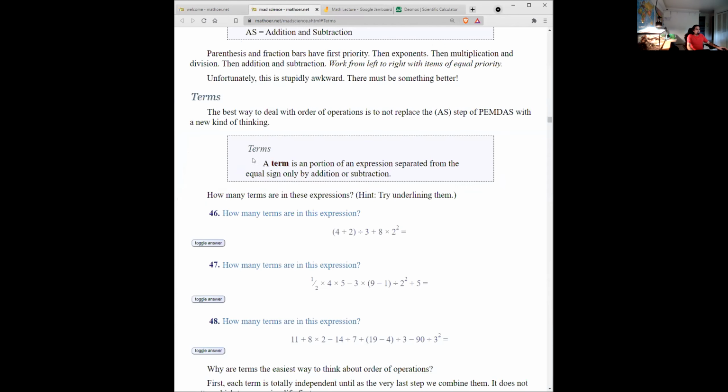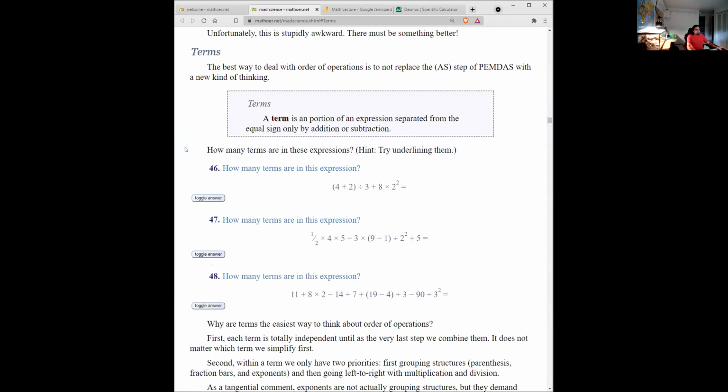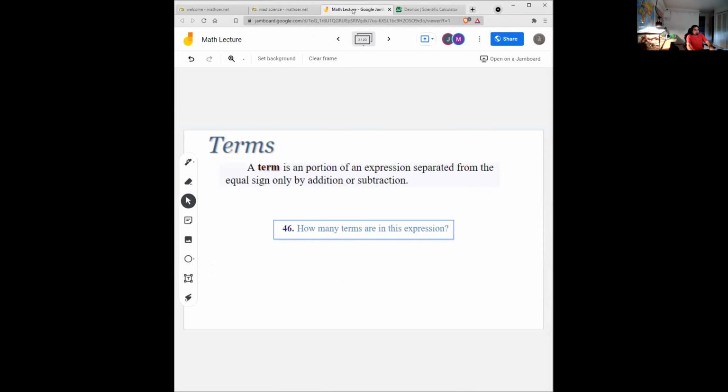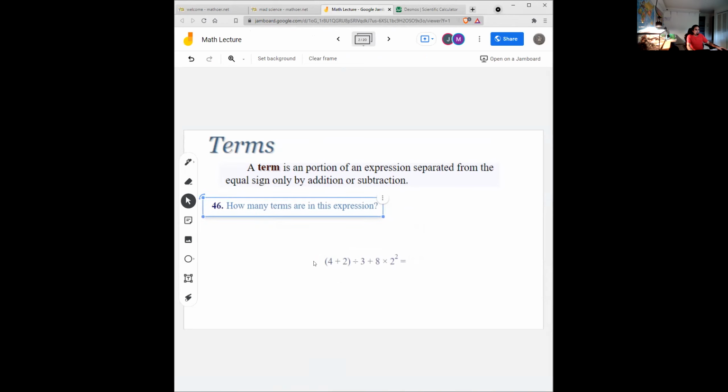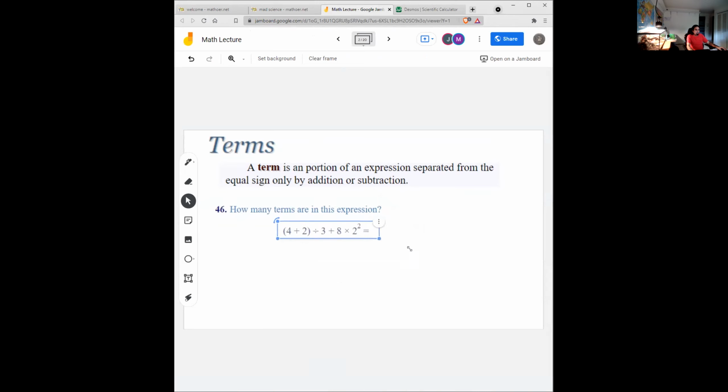And I'm going to take something fairly complicated and analyze it like I'm dissecting it. So here we have an expression, which I will make bigger.